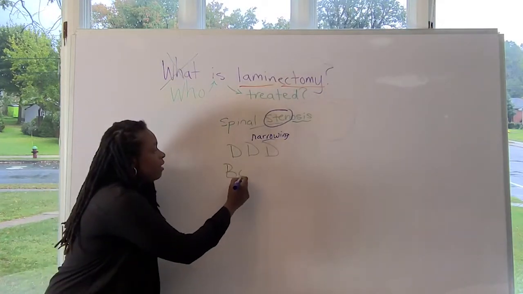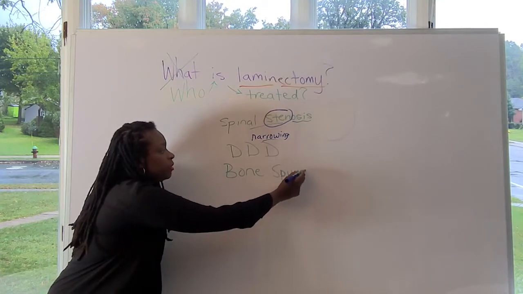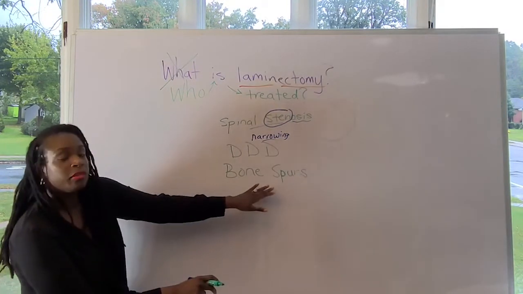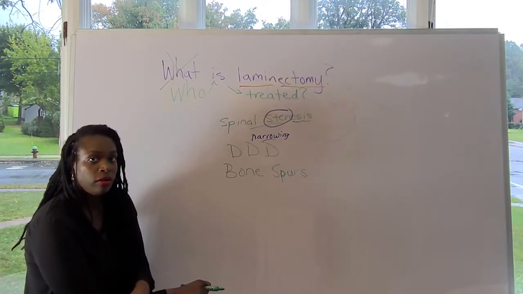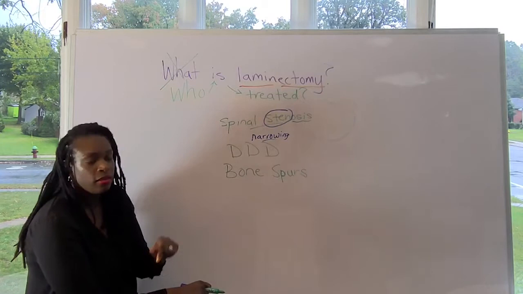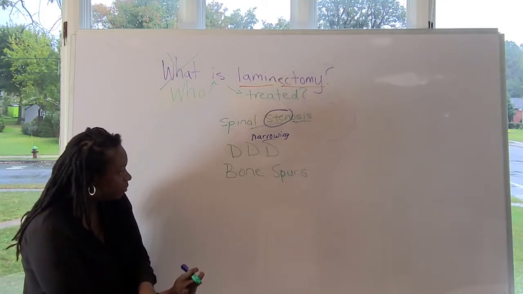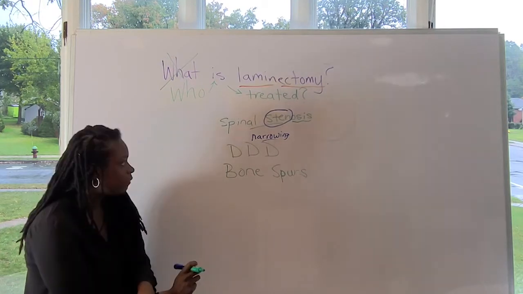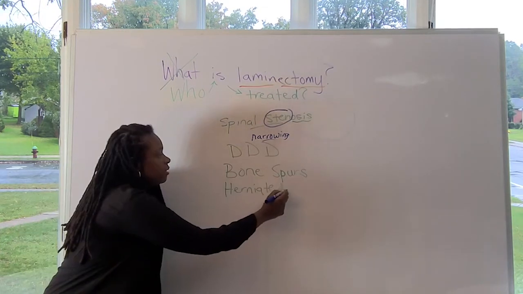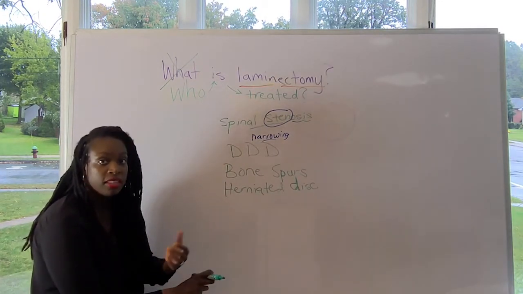Thirdly, you may have someone that has developed bone spurs, which is simply an abnormal growth or formation of bone on the spine. Again, it's abnormal bone growth on the vertebrae. Fourthly is herniated disc. This simply means a displacement of the disc.